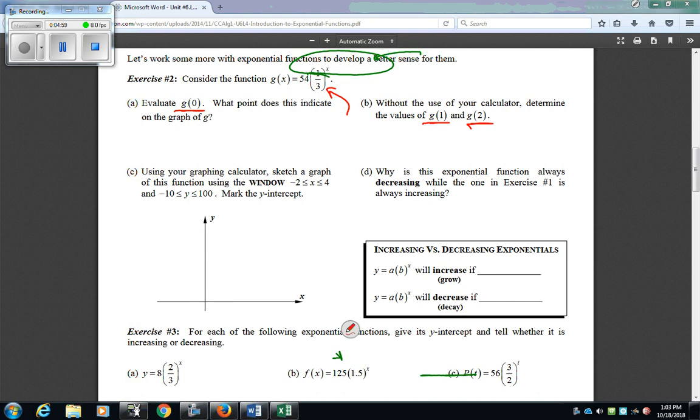The most important part is when it's increasing and decreasing. When we talk about exponential functions, the big thing is that when the multiplying factor is greater than 1, it will increase, and when the multiplying factor is less than 1, it'll decrease.